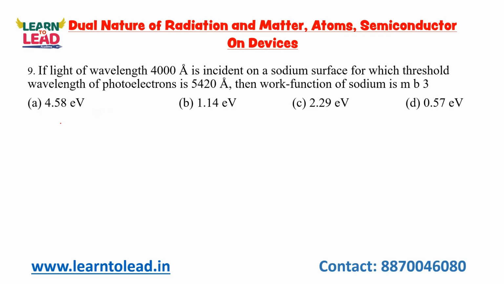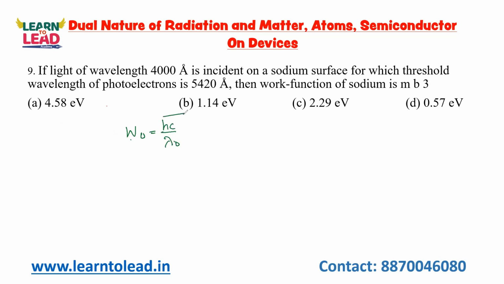Next. If light of wavelength 4000 Armstrong is incident on a sodium surface for which the threshold wavelength of photoelectrons is 5420 Armstrong units, what is the work function of this sodium? They are asking this. Okay, what is the work function formula? Work function is equal to hc by lambda naught.